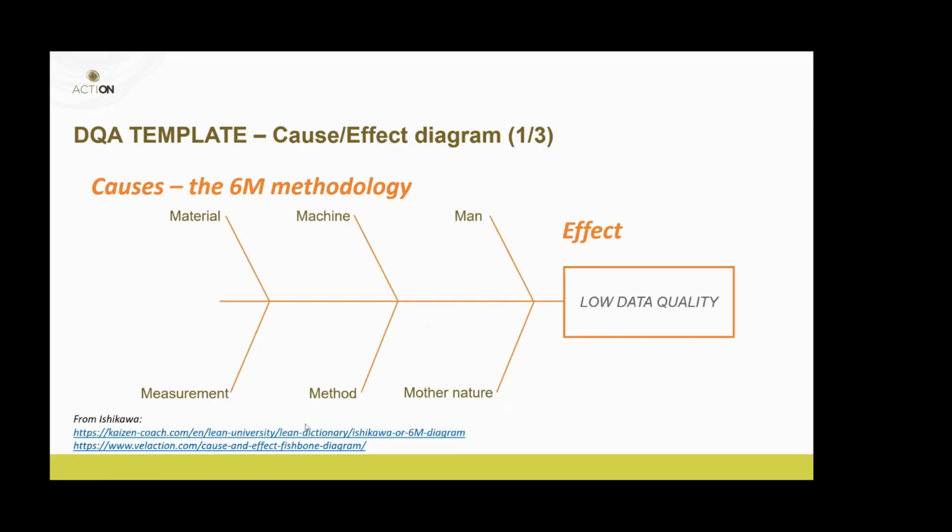For example, if your pilot is really affected by weather conditions, here there is a possible cause of low quality data because, for example, your samples are difficult to collect when it's raining or when it's snowing or something like this. As far as concerns method, these are the processes. For example, some methodology you use in your pilots. For example, also training processes or something like this. Also, a methodology based on scientific evidence is something that can go here.